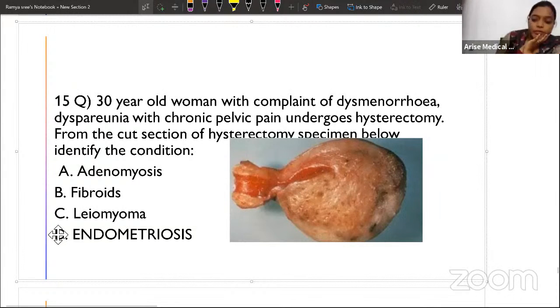Next question. A 30-year-old woman with complaints of dysmenorrhea, dyspareunia, and chronic pelvic pain undergoes hysterectomy. From the cut section of the hysterectomy specimen below, identify the condition. Yes, what is your answer?